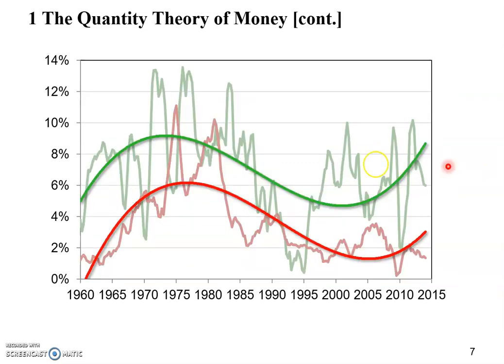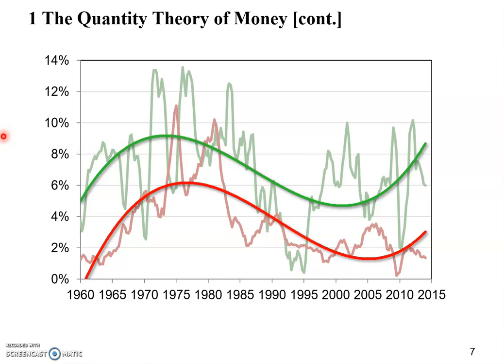See, here, if we draw the moving average of these two, you find that the green curve shows the M2 growth rate, the red curve is the average inflation rate. These two are positively correlated. When one goes up, the other goes up as well, right? So we believe this is still in favor of the quantity equation of money.